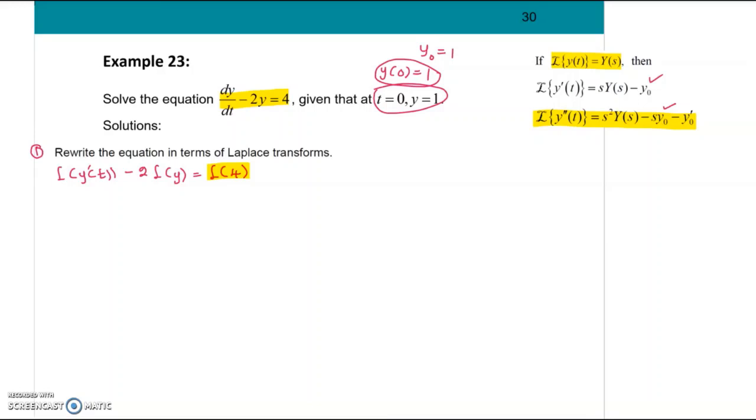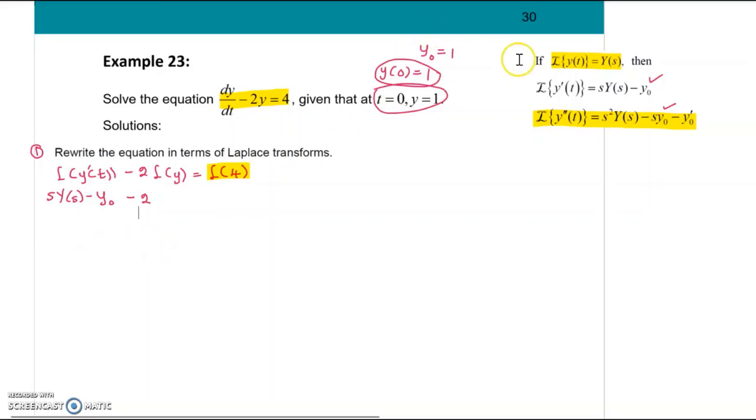Now the Laplace of y prime. Look at the first term. The Laplace of y prime, by the formula here, you are going to replace with sY(s) minus y naught. So we rewrite further: this is sY(s) minus y naught, that's the Laplace of y prime, minus 2 times the Laplace of y.